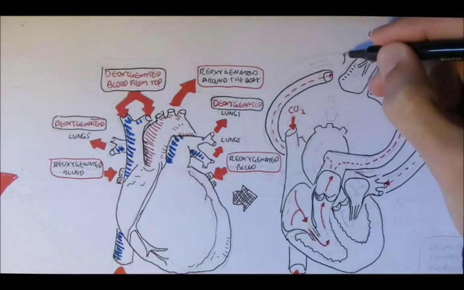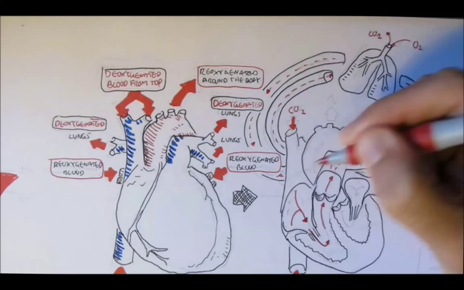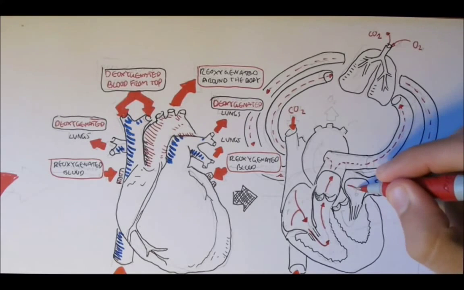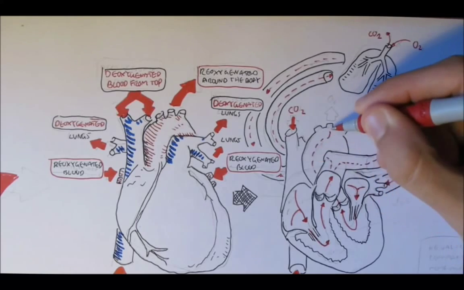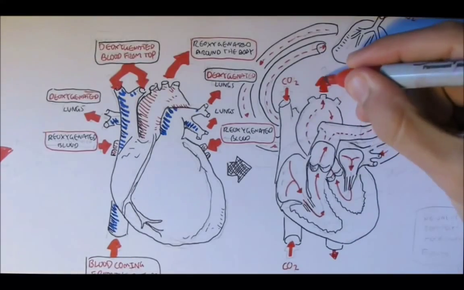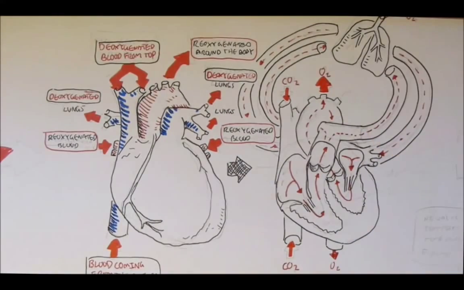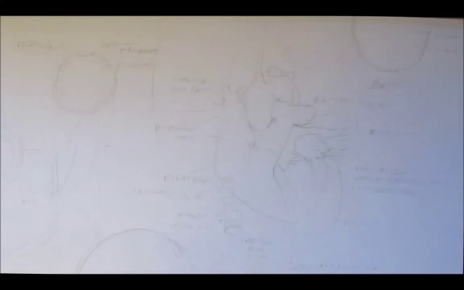So now this reoxygenated blood supply will return back to the heart from the left side. It will come through this chamber, go down this chamber, and will be pumped again for the second time around the whole body through the aorta. So oxygenated blood will be pumped out of the heart through the aorta to the whole body to supply the body.